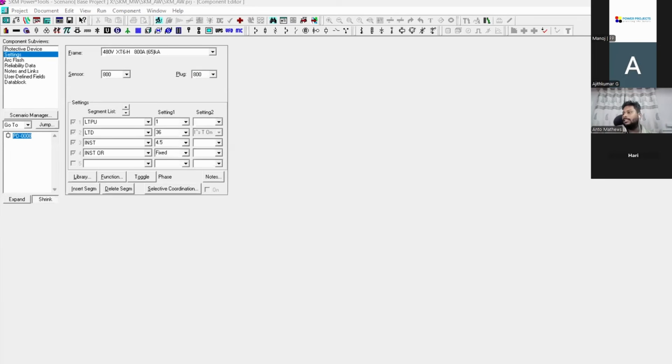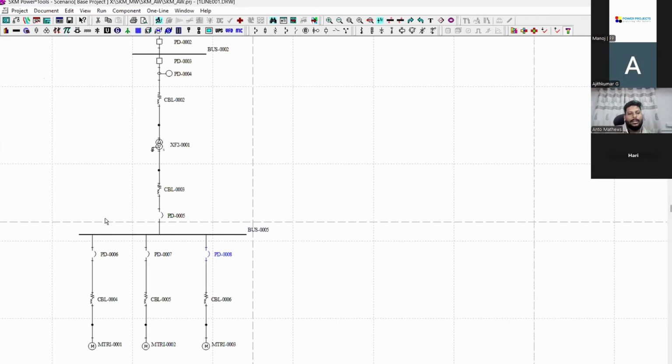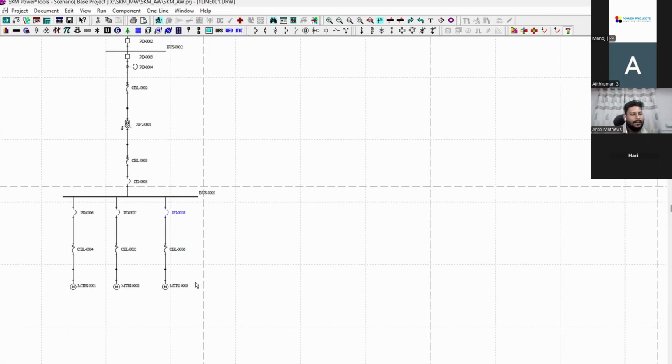For this I am going to provide a setting of 0.88 and the time which I will consider is 12. Now I have done the protective devices for the LV.